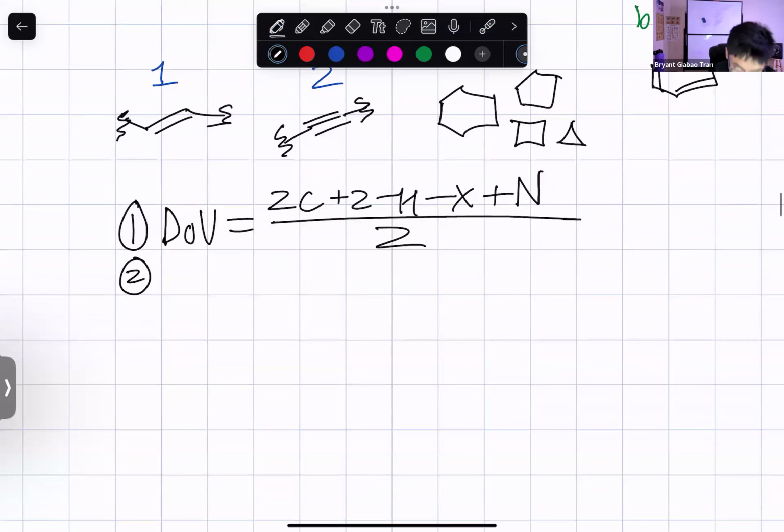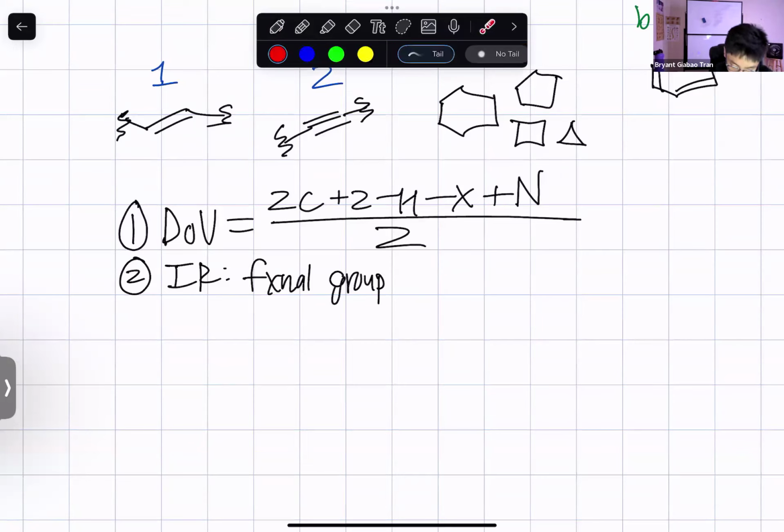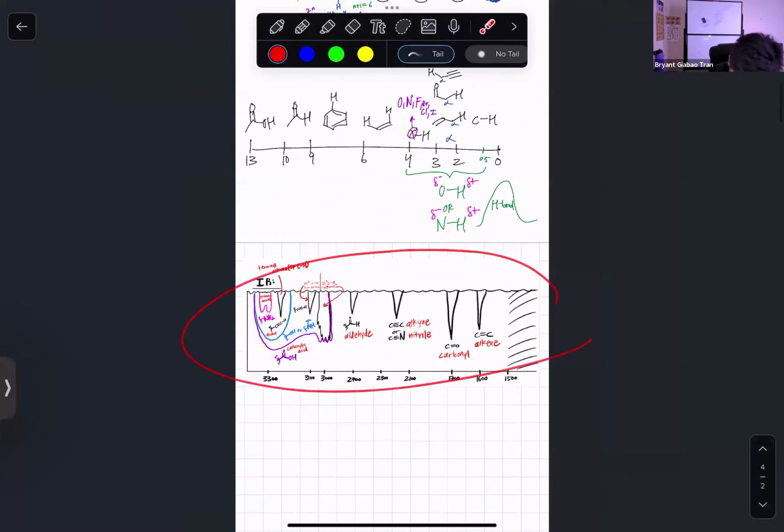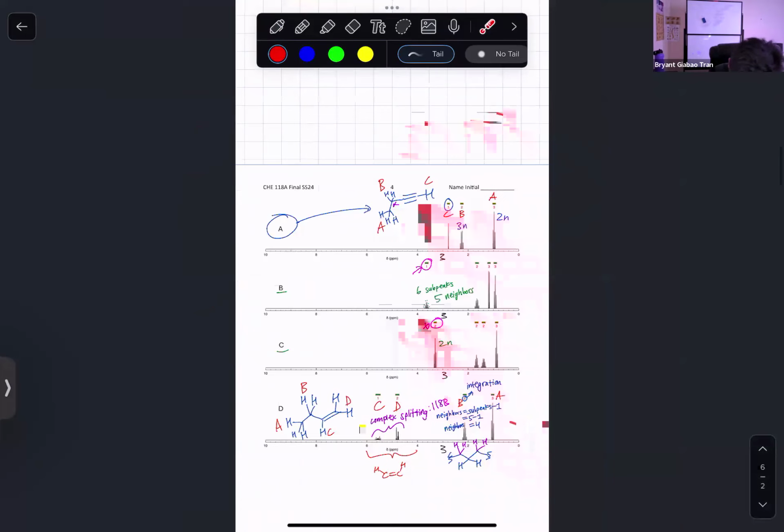The second thing I do is look at the IR for the functional groups, right? Not the specific things, but the functional group, using that graph that I showed you guys earlier.